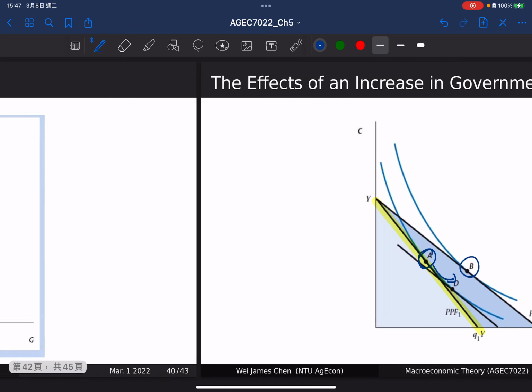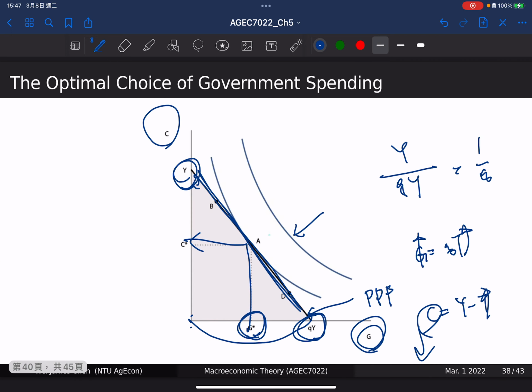Okay, so this model, what's the trick here? The difference between this model and the baseline model we talked about in chapter 5 is that here the government is basically choosing the consumption level and G at the same time for the consumer, right?